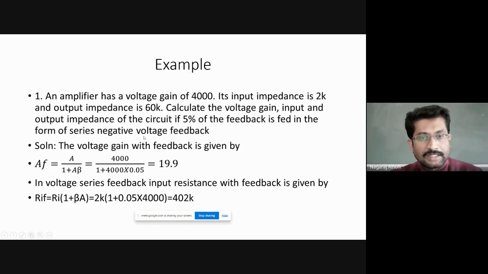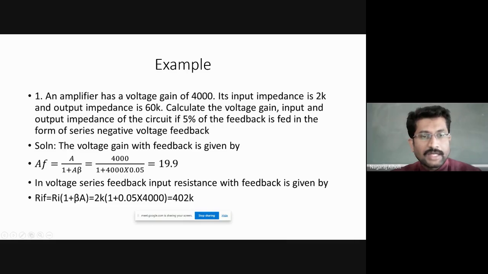That means it is clear that it is voltage feedback. Then it is negative feedback, and it is series feedback. So it will be a voltage series feedback amplifier.